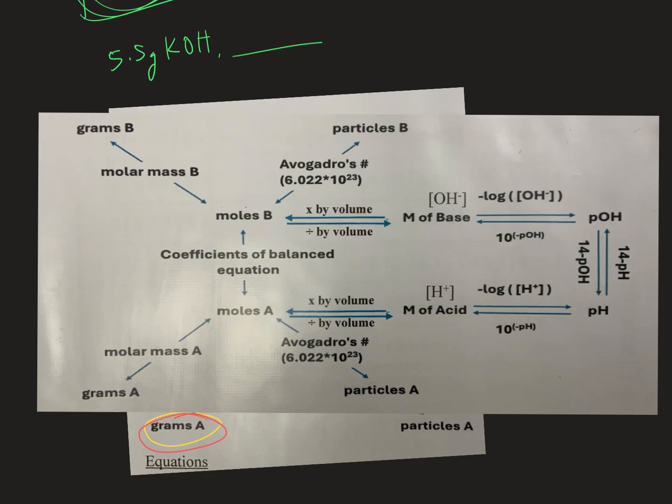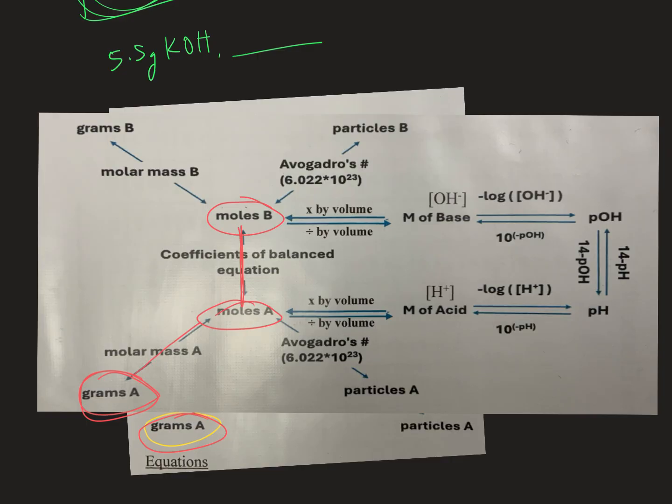All right. So we're starting with grams of substance A, molar mass to moles of substance A. And we got to go to a new substance anyway, right? So we got to do moles to mole to get to moles of substance B. And then we use molarity.